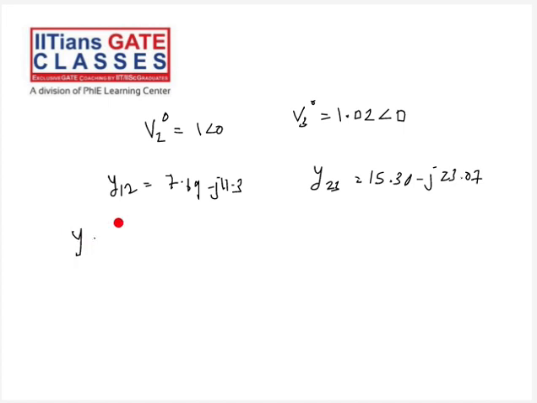The Y bus comes as 7.69 minus j11.3, minus 7.69 plus j11.3, 0.